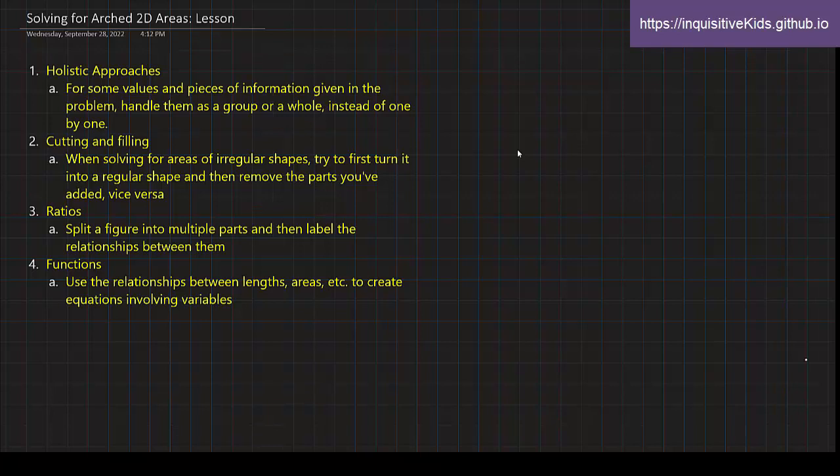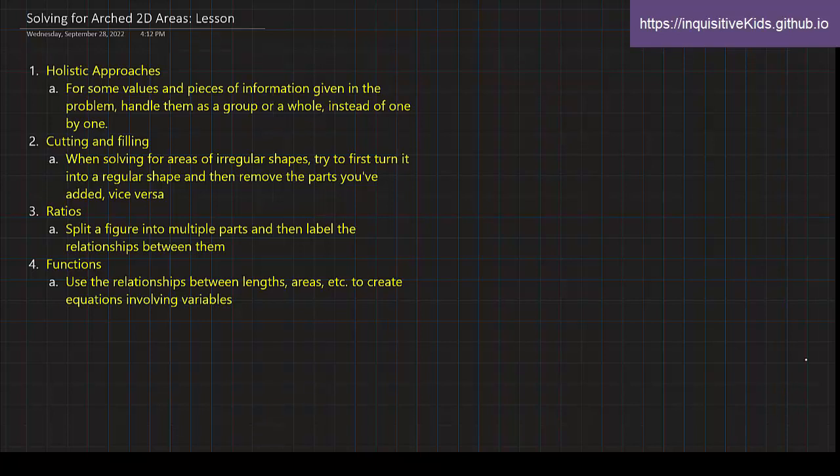That means either cutting some parts out, solving each of those parts separately and then adding them together, or first filling in the missing section so that it becomes a bigger regular shape, and then removing all of the parts you've added so that you still have the area you're trying to find.